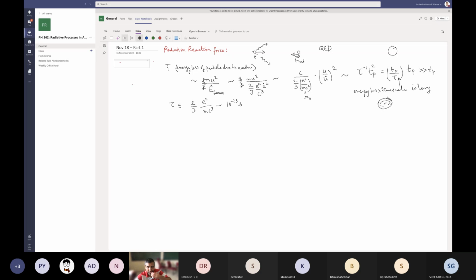So most of the time you can treat this perturbatively. This radiation force for typical conditions is small. Okay. So this is good to know.